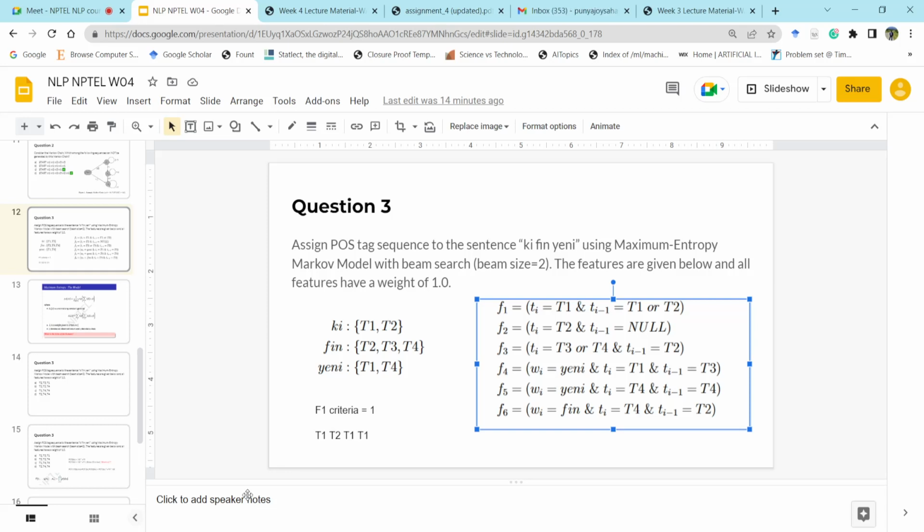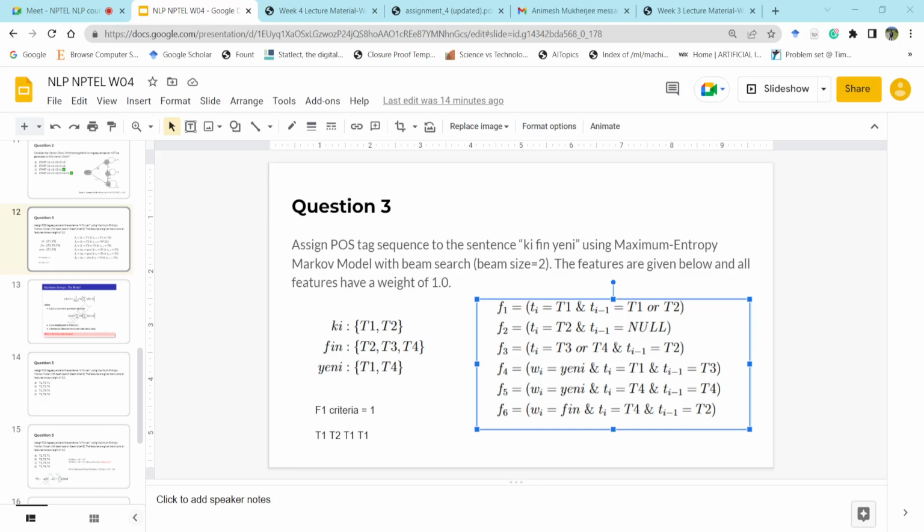Shall we go feature by feature? F1 cannot happen because Ti is equal to T1 and there is an AND relation, and Ti minus 1 is equal to T1 or T2, but here Ti minus 1 is null because we do not have any other words previous to this part.